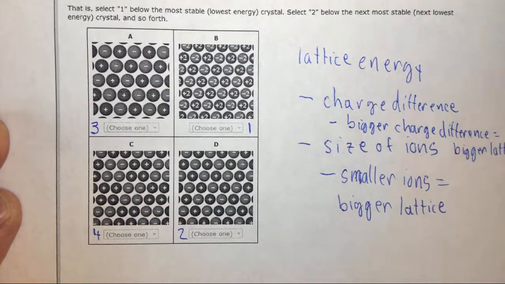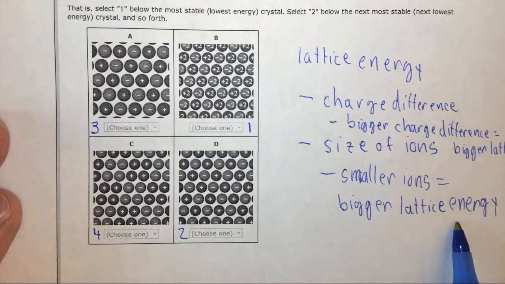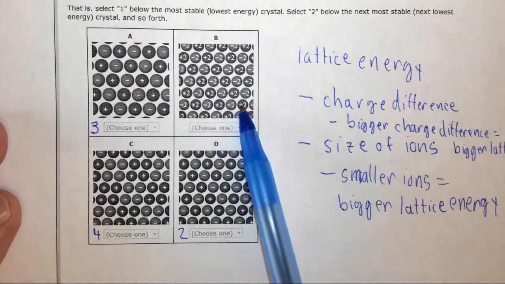And in this case, it asks in terms of stability. So for stability, the greater the lattice energy, the greater the stability. Another way it could be asked is melting or boiling point. So this would also have the highest melting or boiling point.